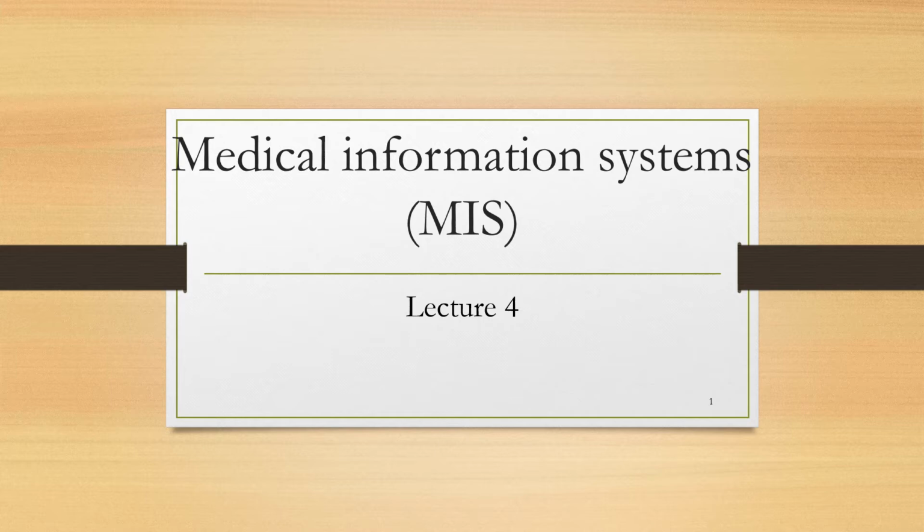We are going to describe the medical information system areas of applications and identify the different subspecialties of medical information systems, such as clinical information system, nursing information system, radiology information system, order entry system, laboratory systems, pharmacy systems, and we are going to identify the difference between all of these subspecialties of medical information system.